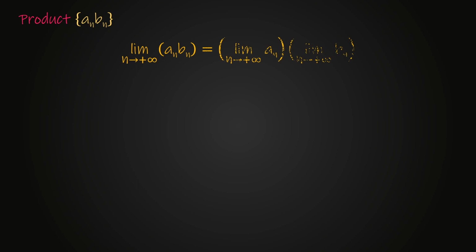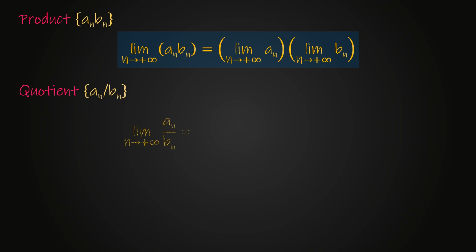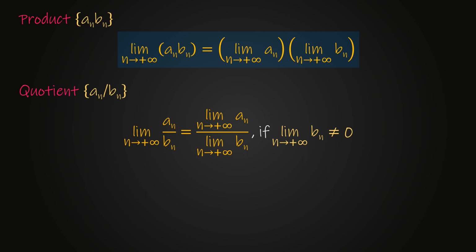Product. The limit of the product of two sequences is equal to the product of the limits of each sequence. Quotient. The limit of the quotient of two sequences is equal to the quotient of the limits of each sequence, provided the limit of the denominator is not zero.